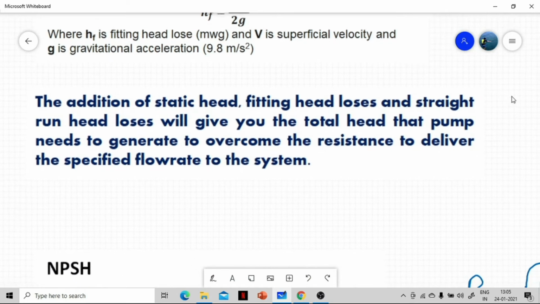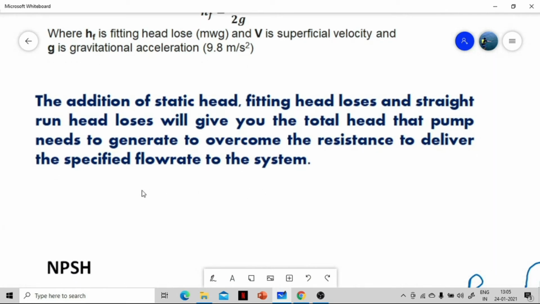So now you are able to calculate the total head loss, or the total pressure that the pump has to deliver to the fluid in order to move it from the suction line to the discharge point.